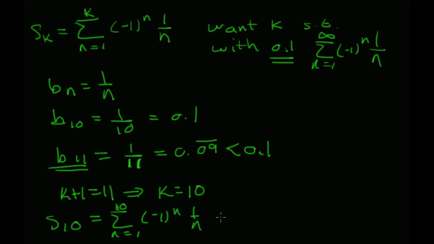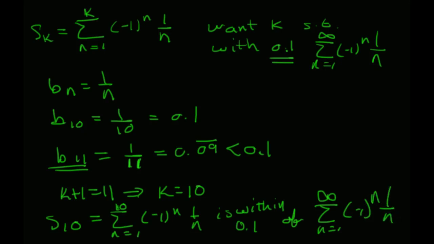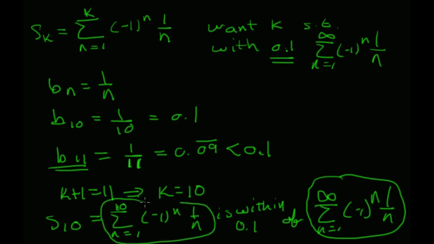If I added those up, that number is going to be within 0.1 of the sum from n equals 1 to infinity of negative 1 to the n times 1 over n. So why does this matter? Because I can't calculate this, but I can calculate this.